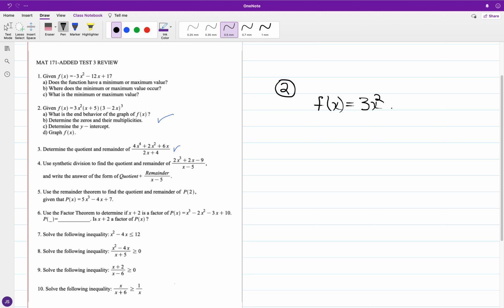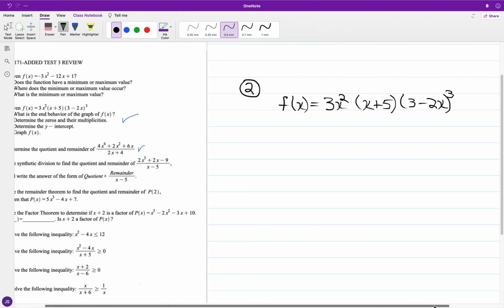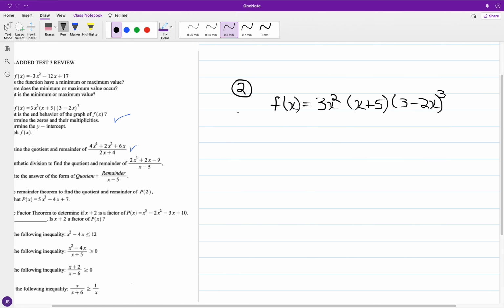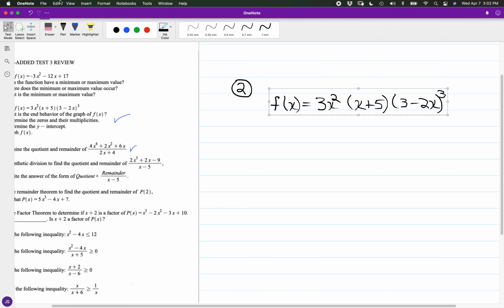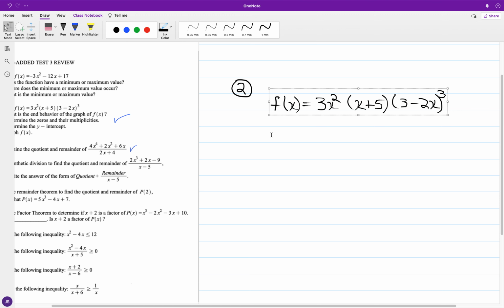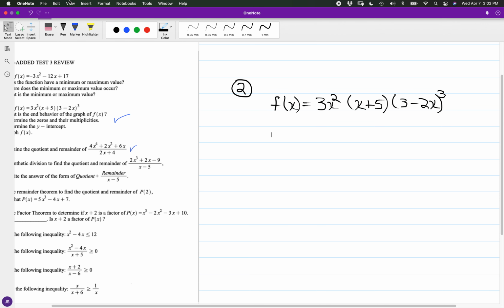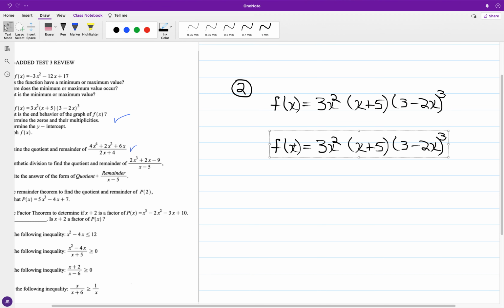So you have 3x squared times the quantity x plus 5, then times the quantity 3 minus 2x raised to the third. And upon looking for the end behavior, I can once again look for the highest order term.